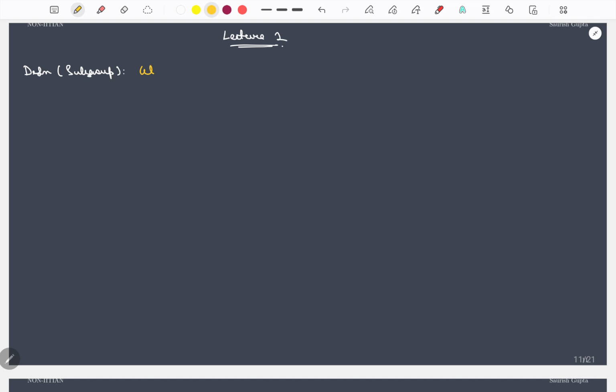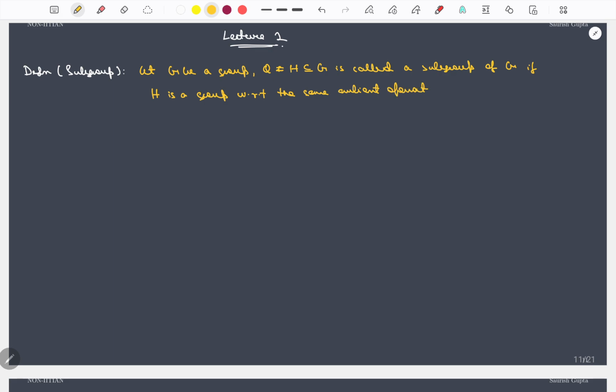Let G be a group, then a non-empty subset H of G is called a subgroup of G if H is a group with respect to the same ambient operations, that is the operations on G. Okay.